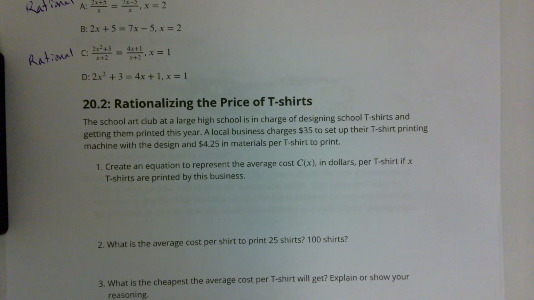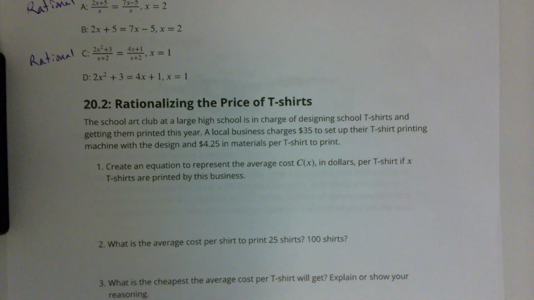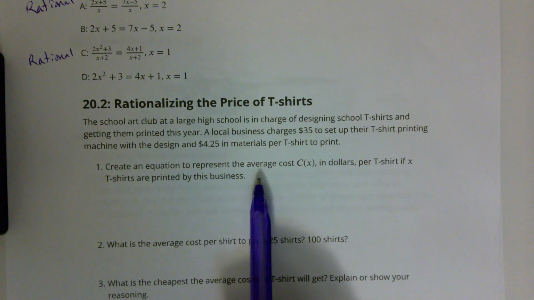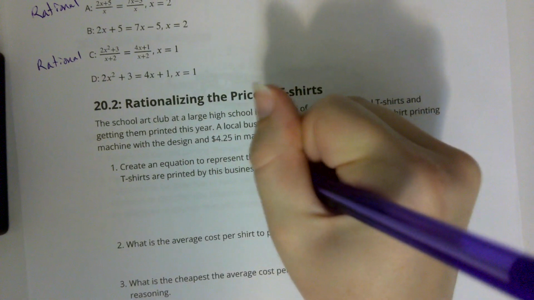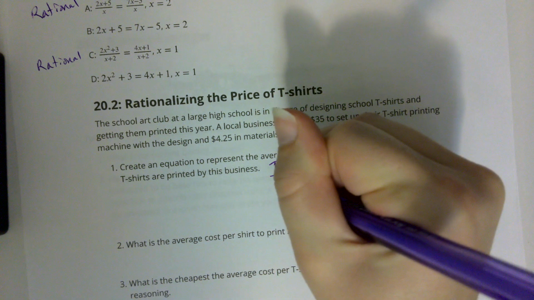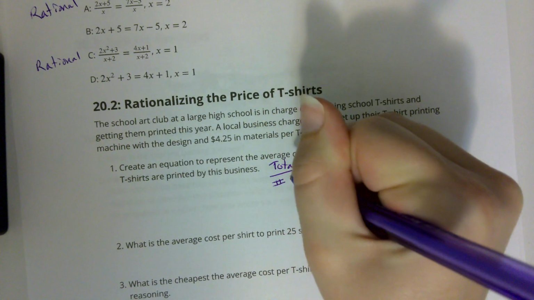So for example, if I was trying to find the average age of everyone in the classroom, I would add up all of your ages and then I would divide by the total number of people in the room. So if I'm trying to find the average cost, I need to find the total and divide by the number of shirts.